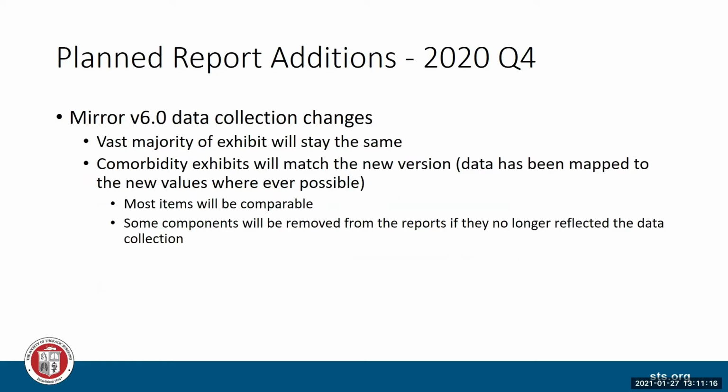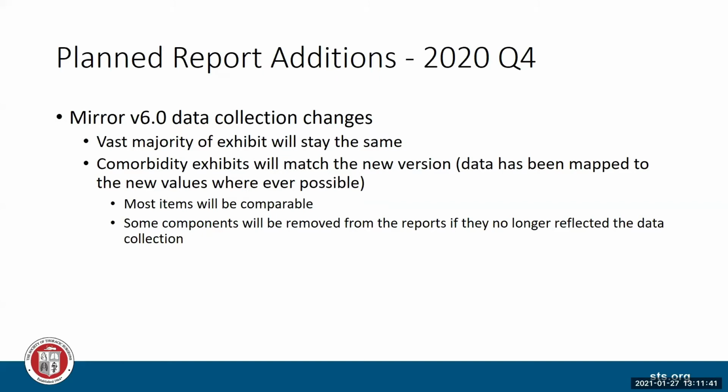With the change to version 6.0, the reports will stay the same on almost all of the exhibits. There are a few exhibits, namely some of the more comorbidity data collection, that changed slightly with version 6.0. And basically, we're going to map the reports to how the data is collected now.